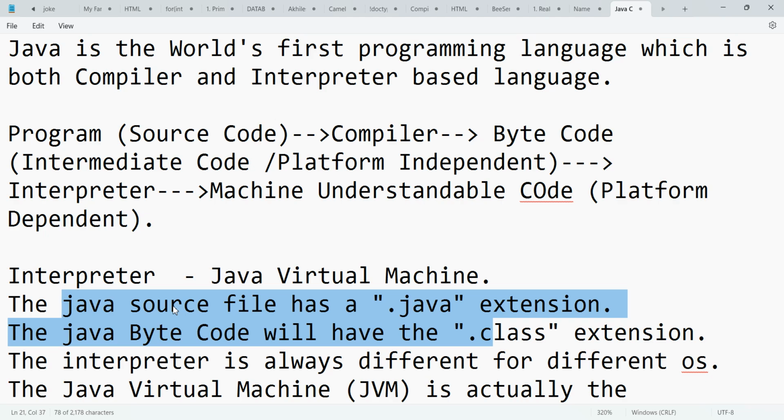I'm asking you now, what is the extension of a Java source code file? And what is the extension of a Java class file? Dot class. Okay. So revise all of them. This is enough. And then we shall move ahead with the advanced topic.